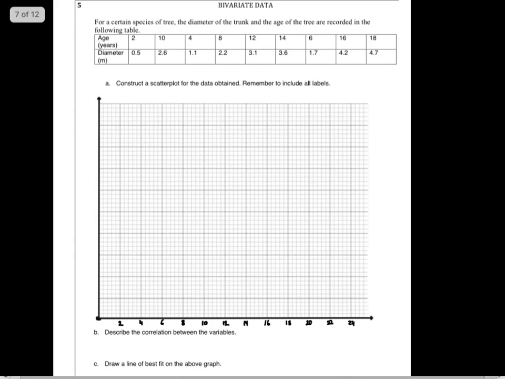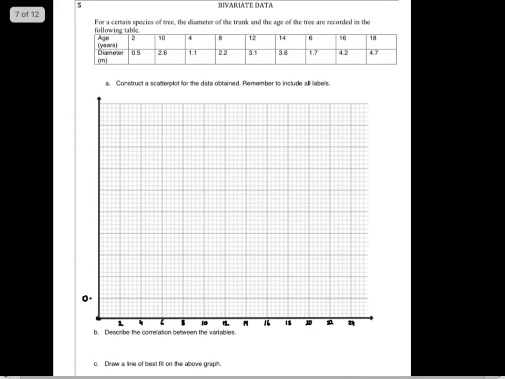First off, we have to do a scale. So I'm going to put on my horizontal axis at the bottom all my data for age. Now I have to do it as a scale, so starting from 0 and then going up by 2s, 2, 4, 6, 8, 10, 12, and that gives me a scale for age where I can put all my age data.